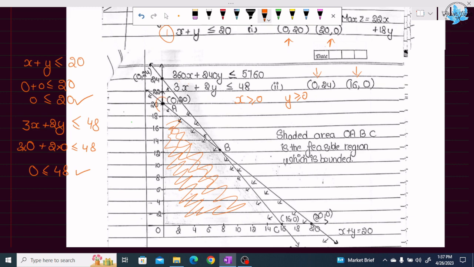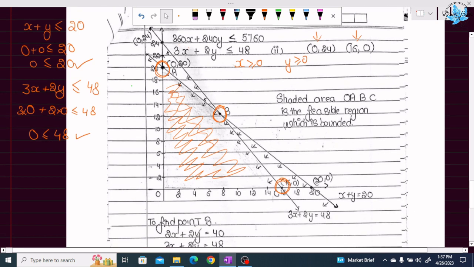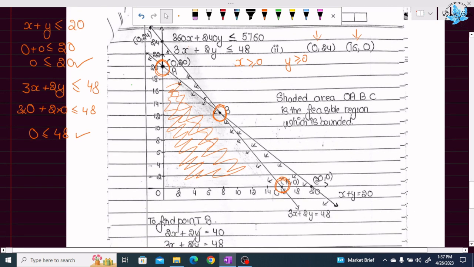We name the point on the y-axis A. The intersection of the two lines we consider the B point, and on the x-axis where the line intersects, we will say the C point, and at the origin we name it the O point. So the shaded area would be OABC.